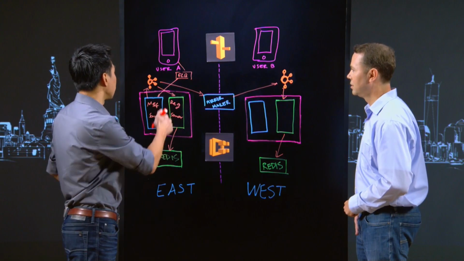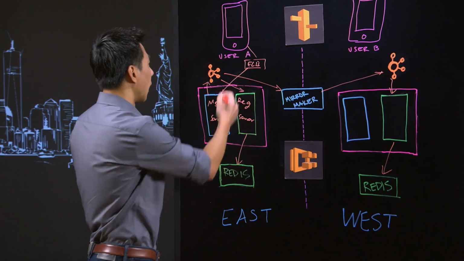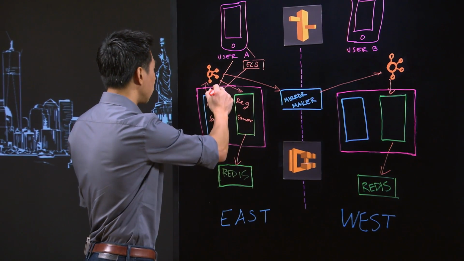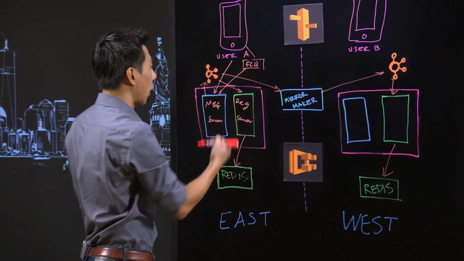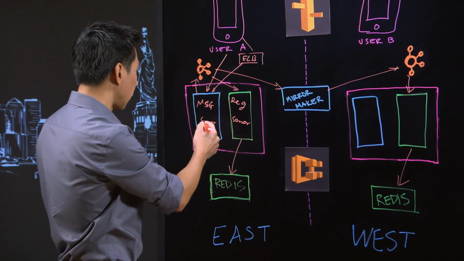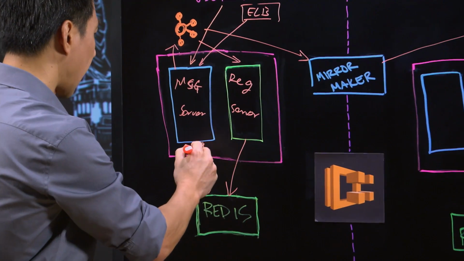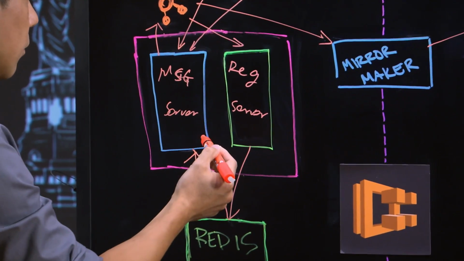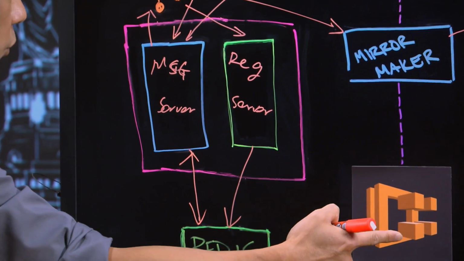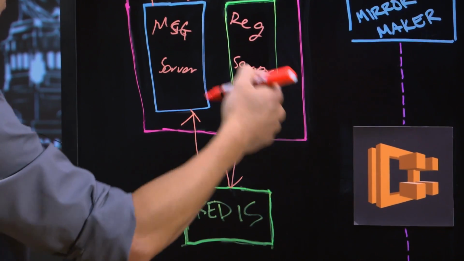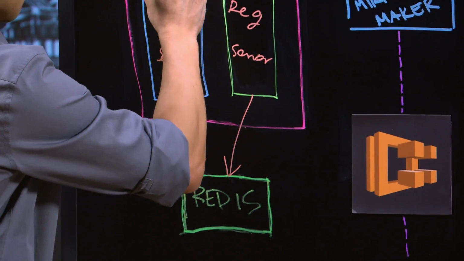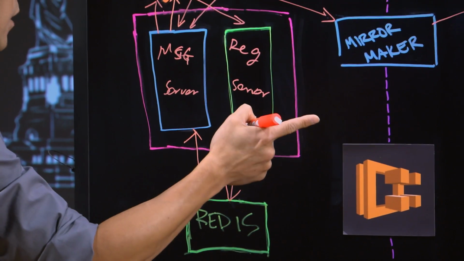So now let's say user A needs to send a message to user B. User A will send a message to the message server through ELB. When the message server receives the message, it looks up where user B is inside Redis. It finds out user B is actually in the other region on a particular server. So it pushes the message to a topic targeted to the other region.